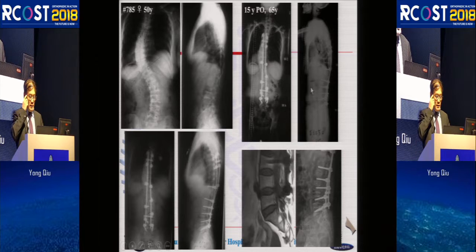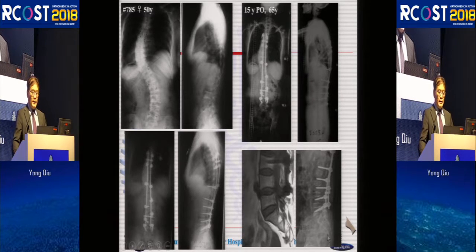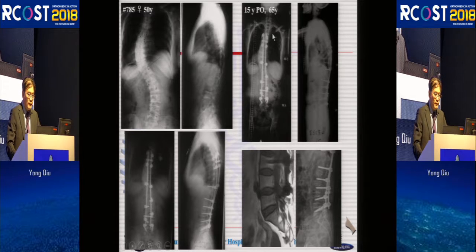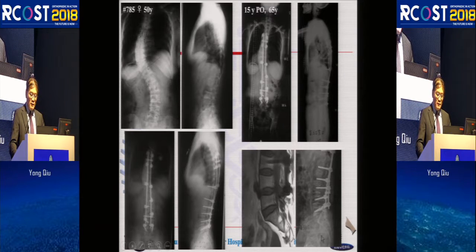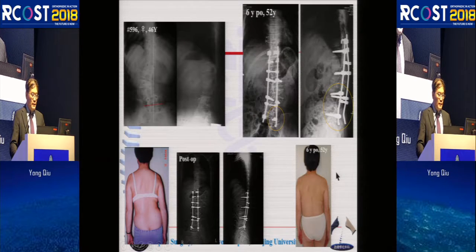And here's another patient. With 15 years follow-up, we stopped at L5. The patient doesn't complain of anything, but at a regular follow-up at 15 years, we found 2 L5 screws are broken. And this is degenerative scoliosis. We stopped at L5.